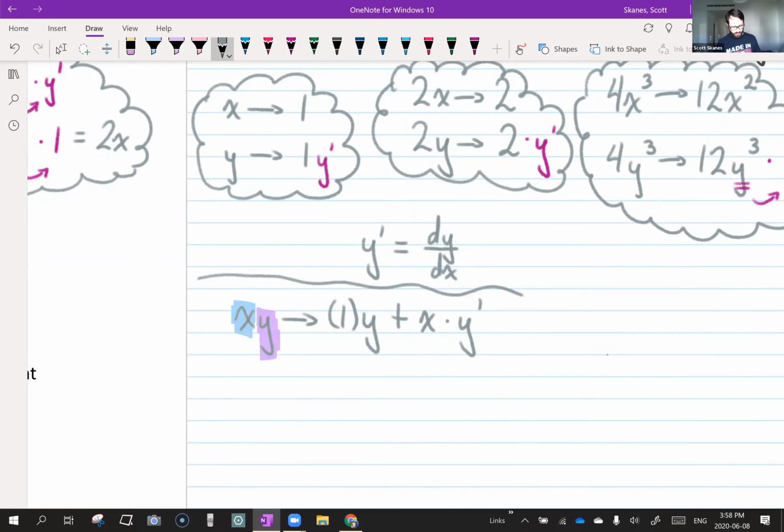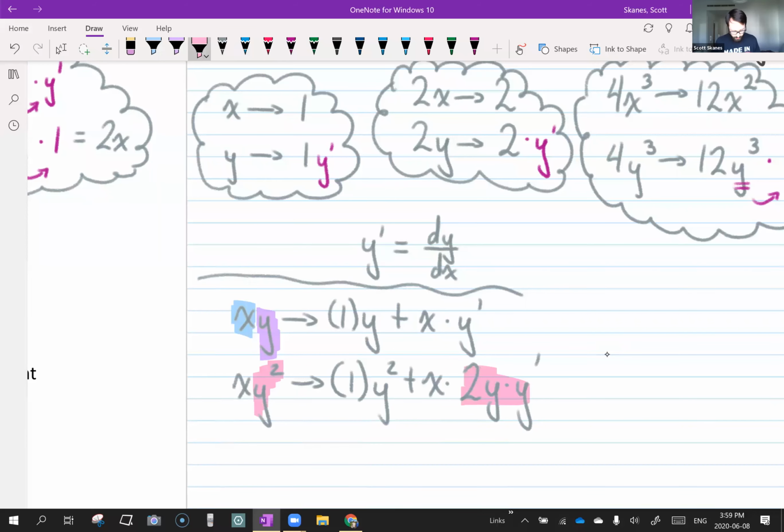Okay, Ibrahim? So I did the same thing for our question here, except we had a square on the y. So if you had the square on the y, derivative of the first one, keep the second one the same, plus the first one, times the second one, which is 2y prime. So you'll notice that because I had the square, we get this term come out of it.